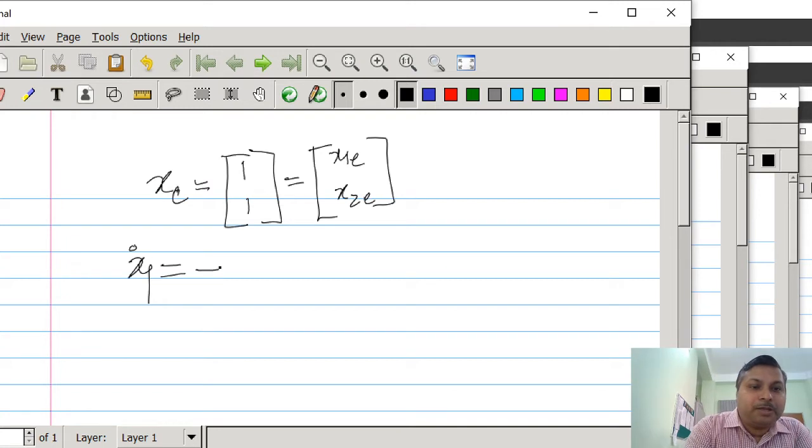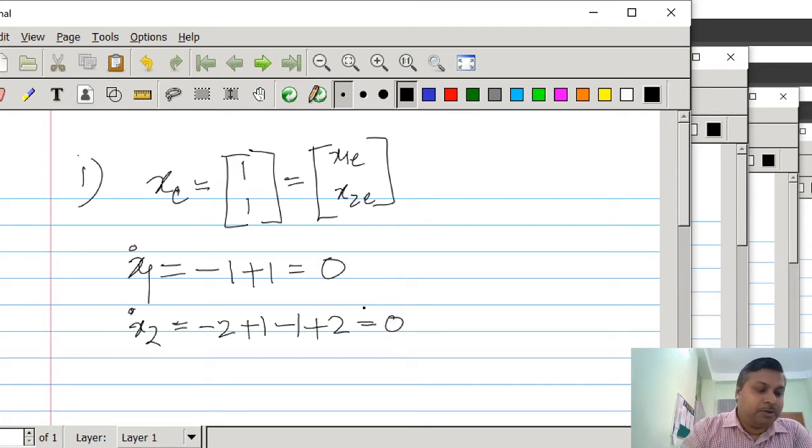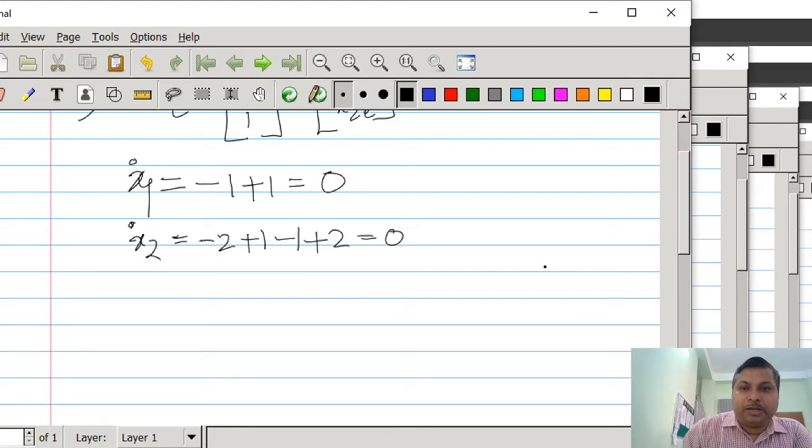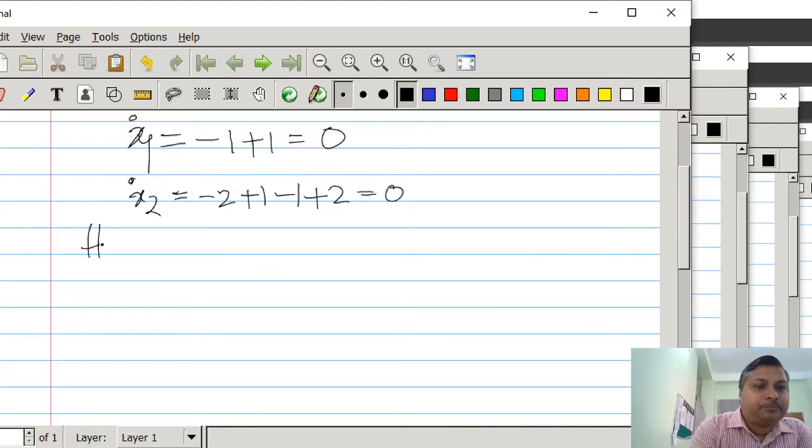So it will be minus 1 plus 1, so it will be equal to 0, and then x2 dot, so this is the number 1 we are going to solve, and x2 dot will be minus 2 plus 1 minus 1 plus 2, that also leads to equal to 0. So definitely from here we can conclude that hence xc is an equilibrium state.